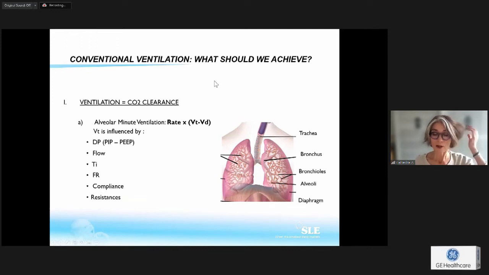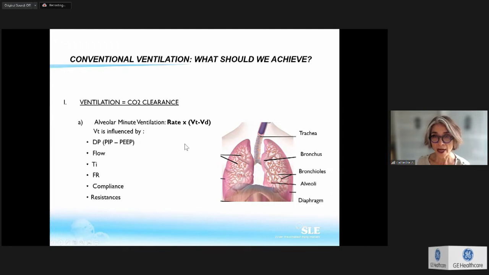The second thing that we have to maintain when we do conventional ventilation is a proper ventilation of the patient. This will help with the clearance of the CO2. So what is it? It's the alveolar minute ventilation, which is how much gas actually reaches your alveoli per minute.